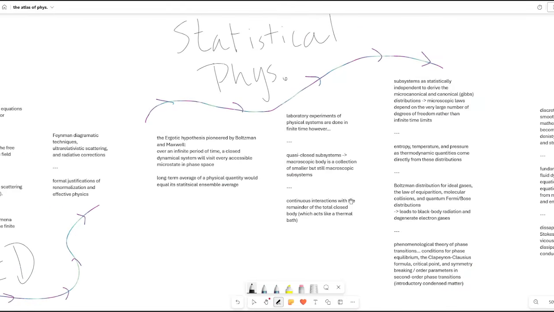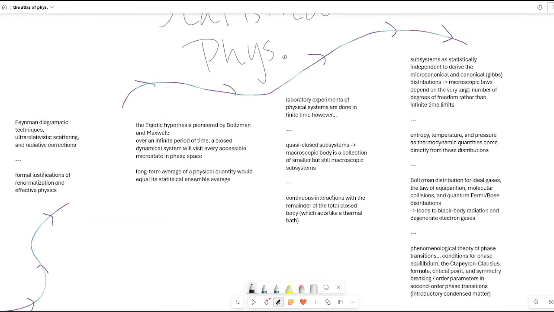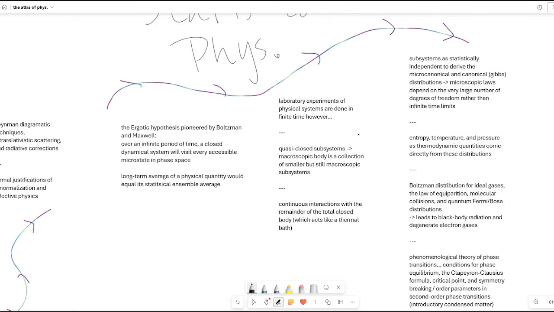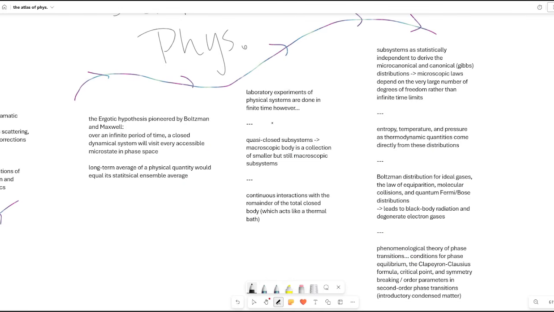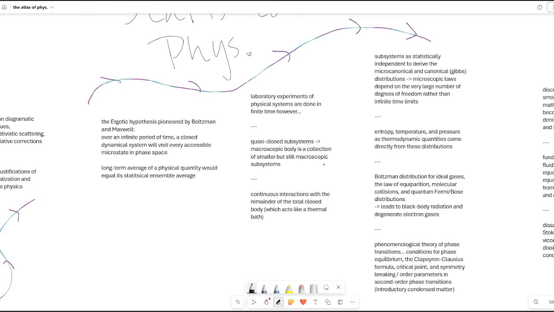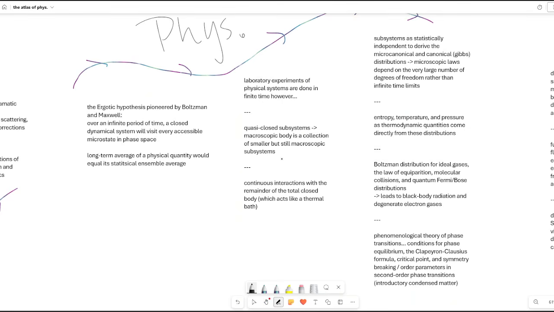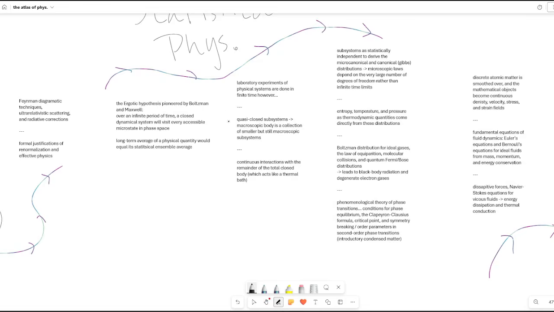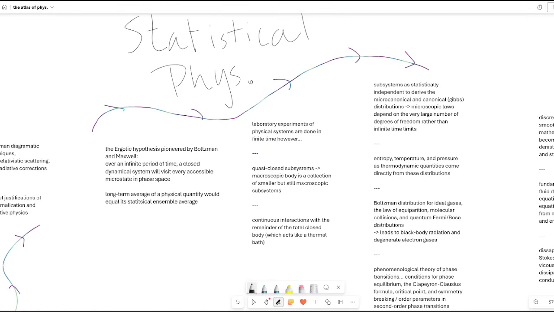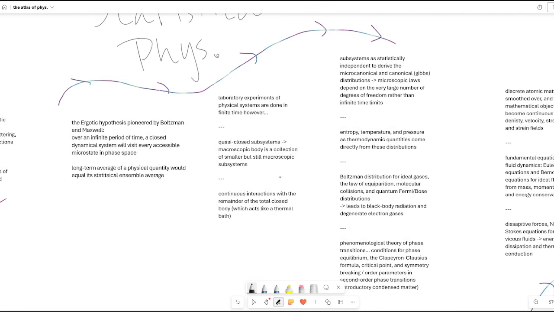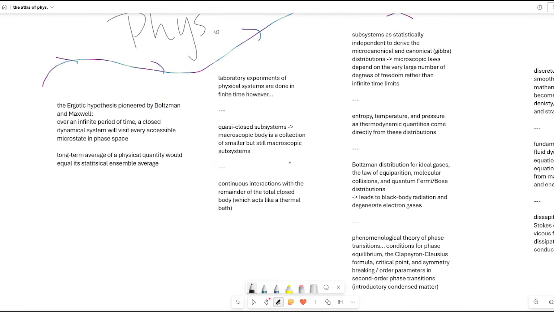Now, this is a problem because laboratory experiments of physical systems are done in finite time, right? So another thing we can talk about is quasi-closed subsystems. This is usually how statistical physics is taught now. We don't really talk much about the ergodic hypothesis anymore, for physicists at least.